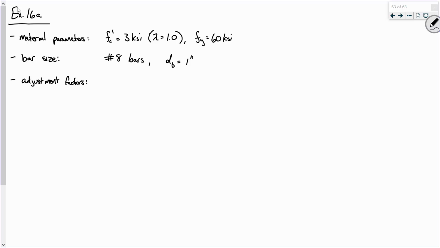So let's start off with psi sub t. What is psi sub t going to be for this beam? I want everybody to understand this. I'm making you all look it up.